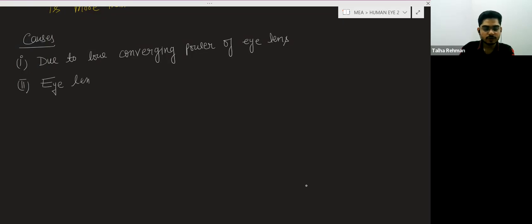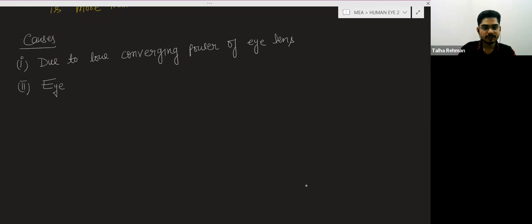The eye length, or you can say the eyeball, becomes too small.